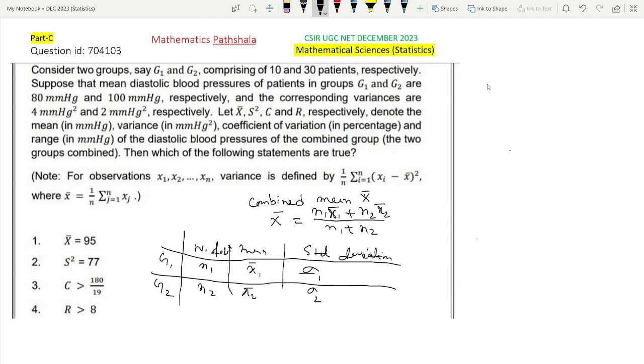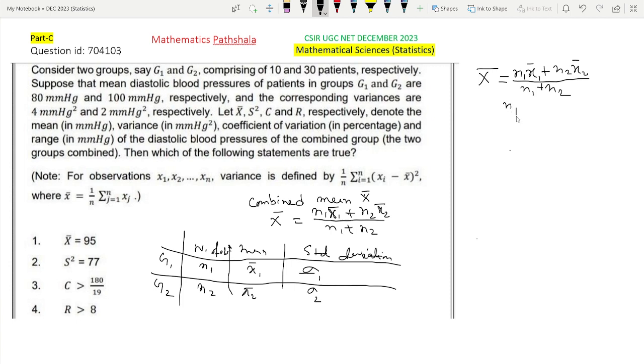Now we find the combined mean. This is x bar. First we write the formula of combined mean. N1 x1 bar plus N2 x2 bar divided by N1 plus N2.